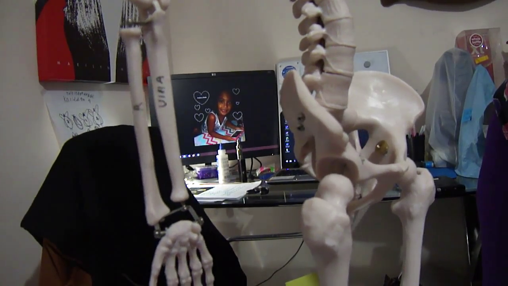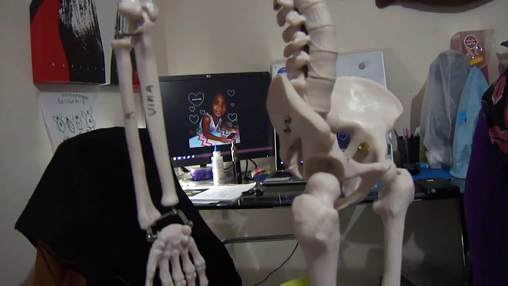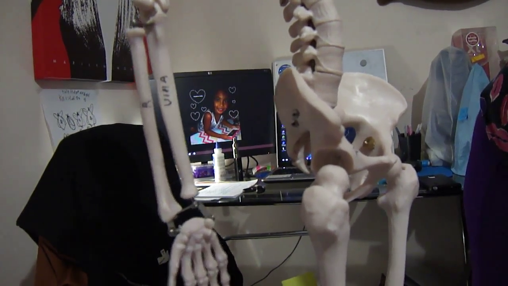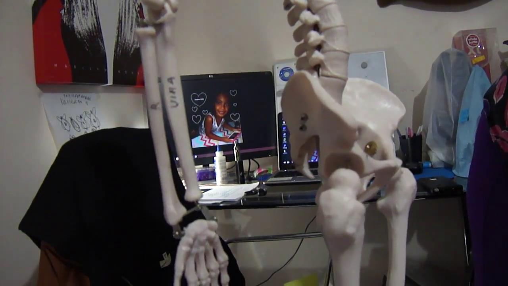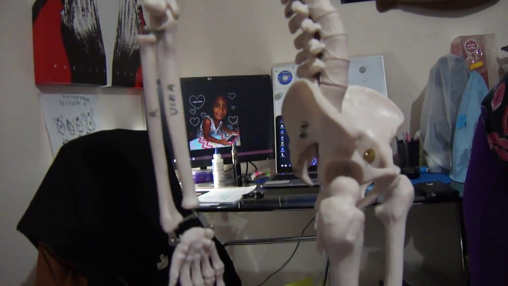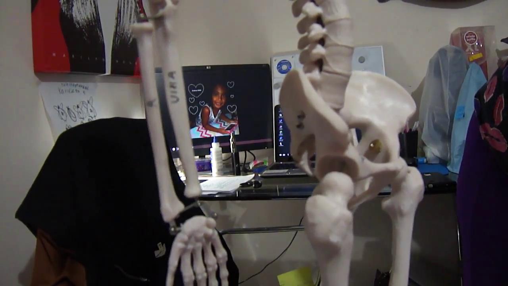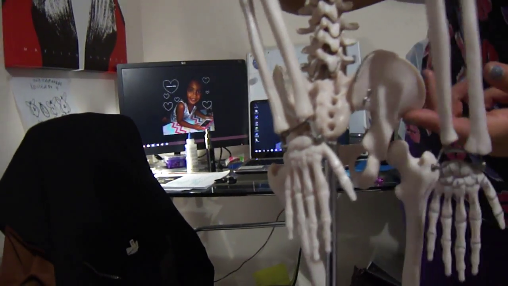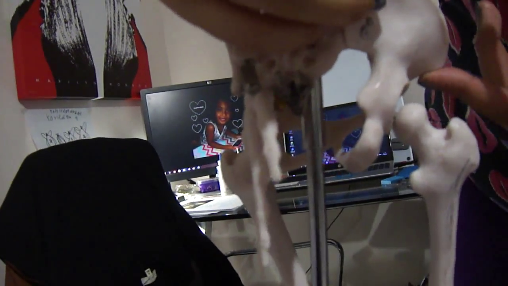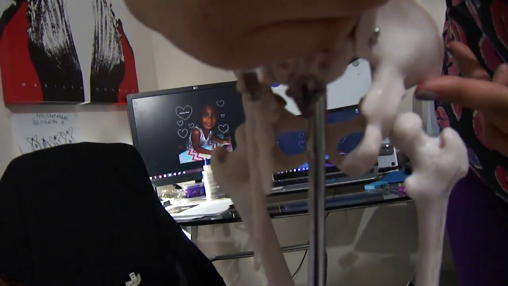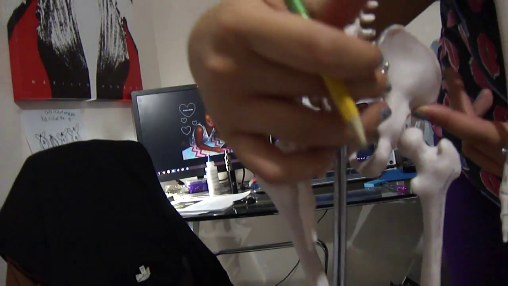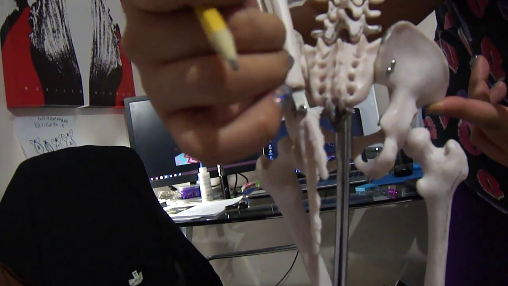The anterior superior iliac spine, that would be right here. Wait, no, I'm sorry, that's posterior.